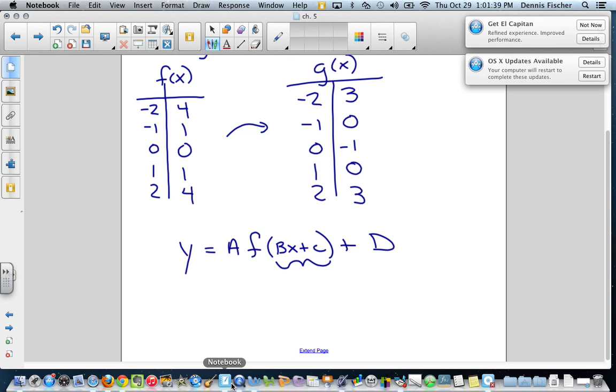Inside is opposite. In other words, if I'm subtracting 1 from the x, I add 1; if I times it by half, I times it by 2. On the outside, like the a and d here, I am affecting the y's, and it's exactly like it says. It's 2 in front, I'm multiplying by 2. Minus 2 at the end, minus 2. That make sense? Okay.